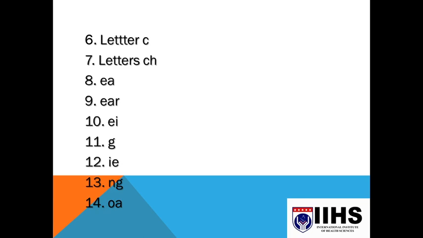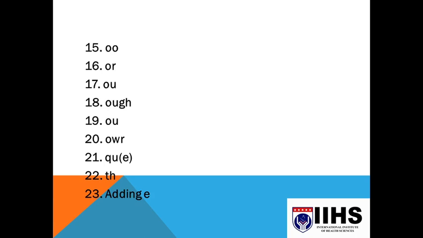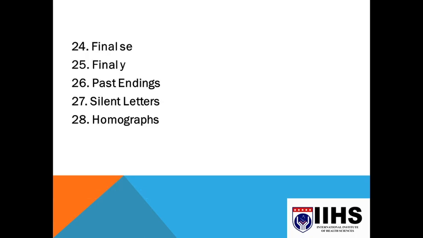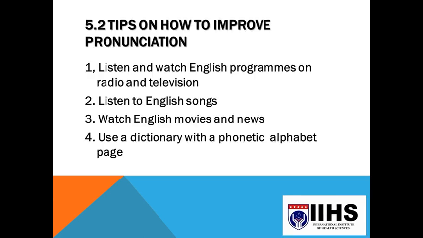Then the consonants and the consonant clusters, double vowels, silent vowels, past endings, final y, final s. They are tips on how to improve your pronunciation.